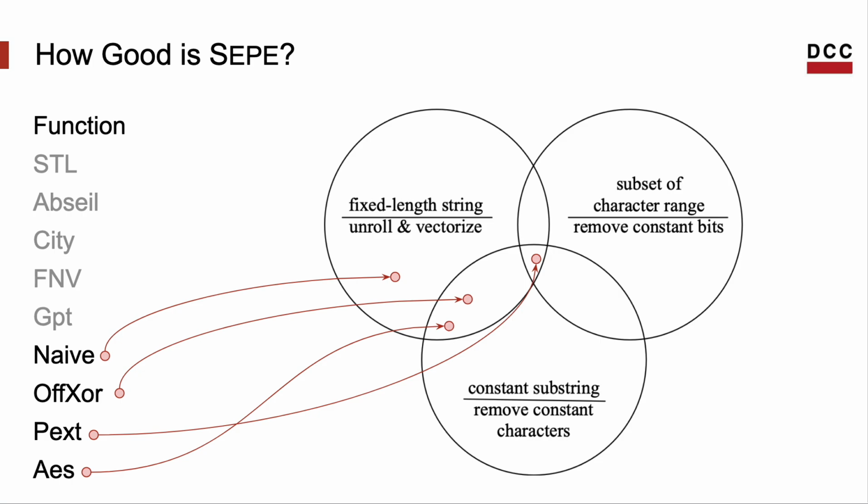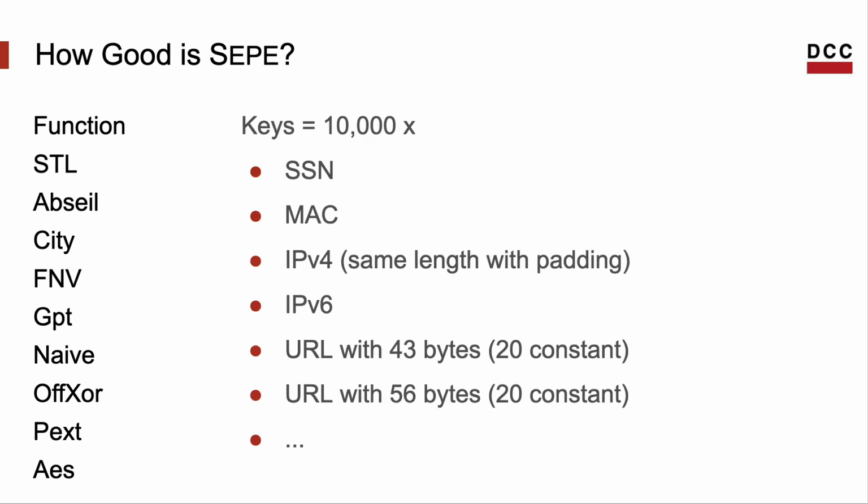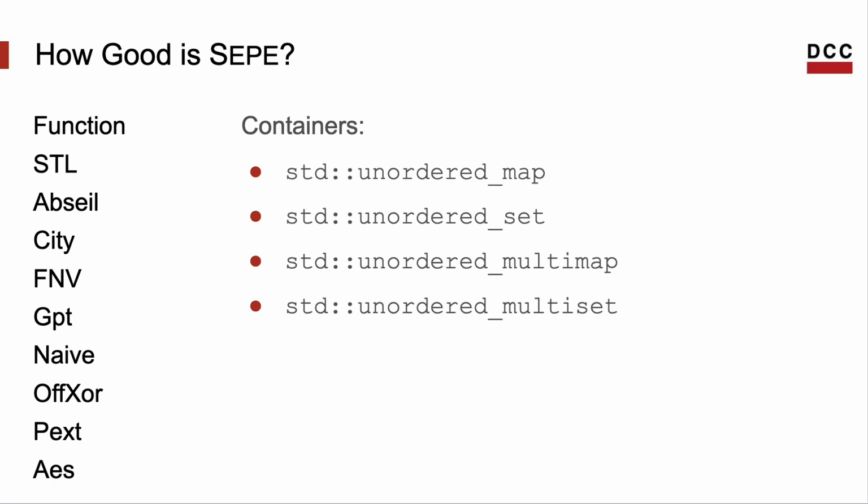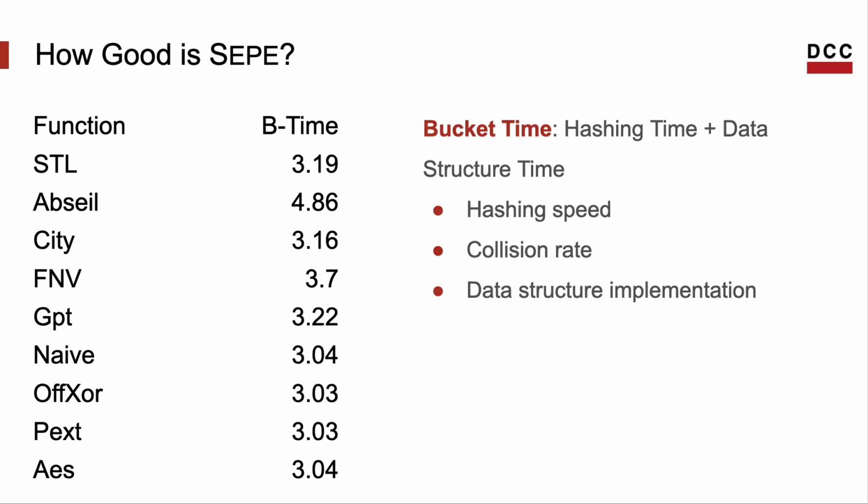In this benchmark, we synthesize 10,000 keys and use them to insert or remove data from 4 data structures. I have a number of key formats here, 8 in total, and these are the data structures that we're using. Here I'm showing a summary number. This number aggregates what we call bucket time, that's the time to run the benchmark.